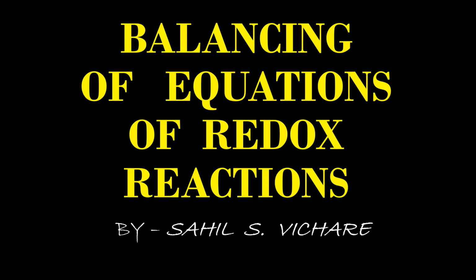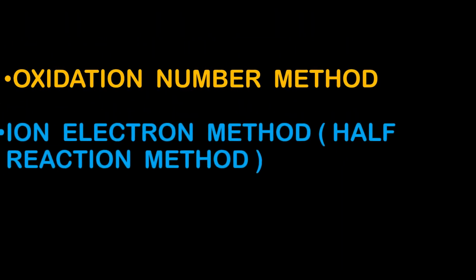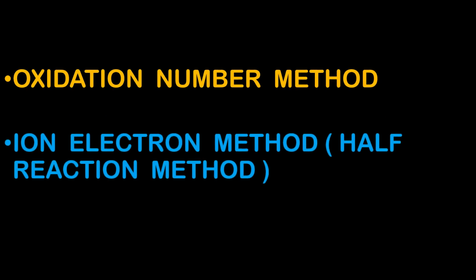There are two methods that are usually used for systematic balancing of redox reactions. The first one is the oxidation number method, and the second one is the ion electron method, which is also known as the half reaction method.